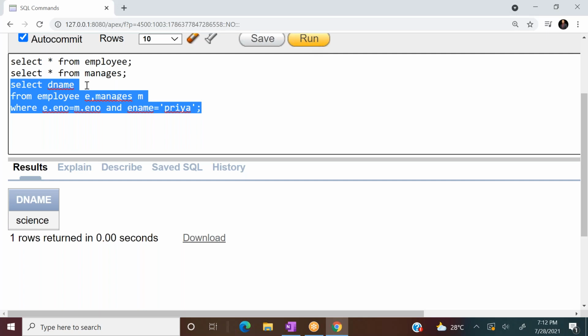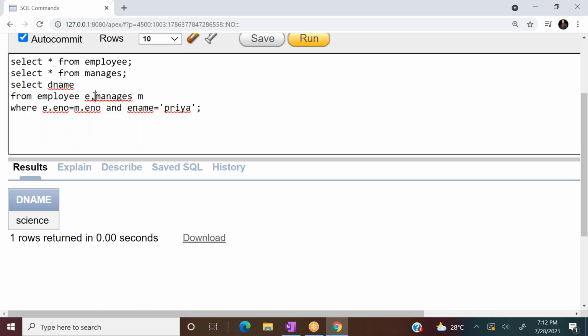Next, one other thing I give you, inner join, but it is Oracle. Oracle uses join on operator.